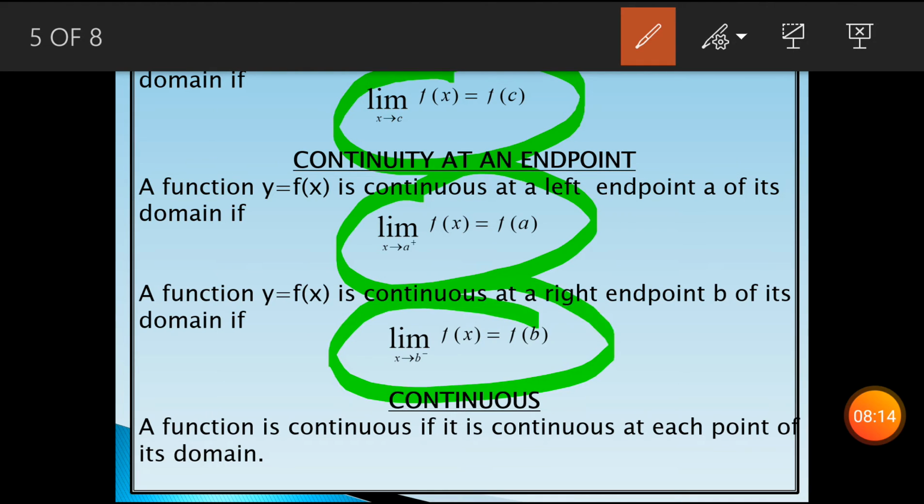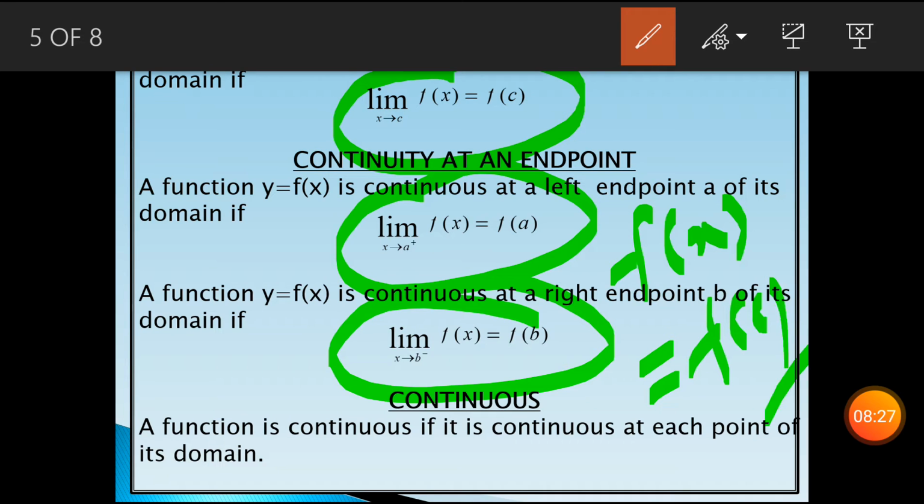It means whatever we have studied in the graph, the value of the function should be equal to f(c) as x is approaching c. And the second point, the limit should exist. This is a very important point, and f(c) should also exist.